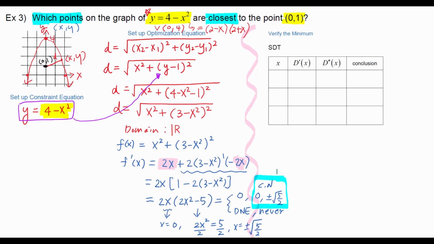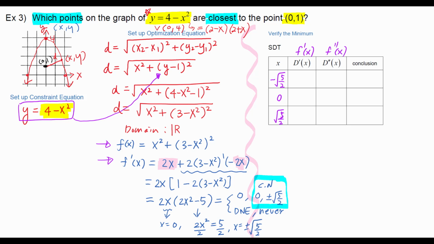Now it is time to do the second derivative test on these critical numbers to see which one is giving me the minimum. So my critical numbers are negative radical 5 over 2 and positive radical 5 over 2. And I have 0 in between. And this d prime of x will be my f prime of x, and this will be my f double prime of x.